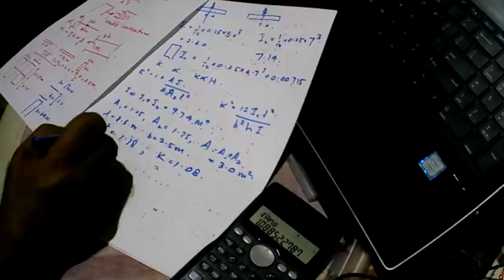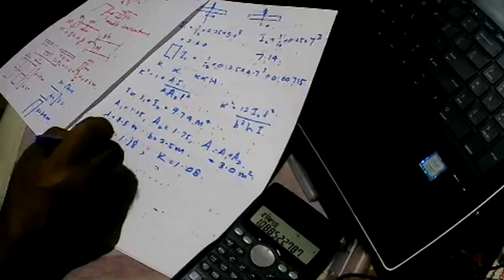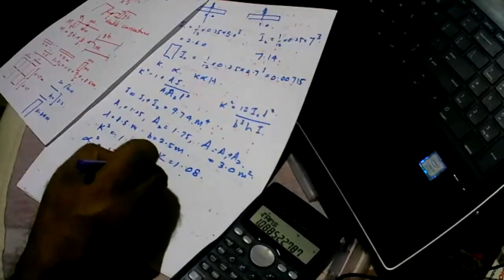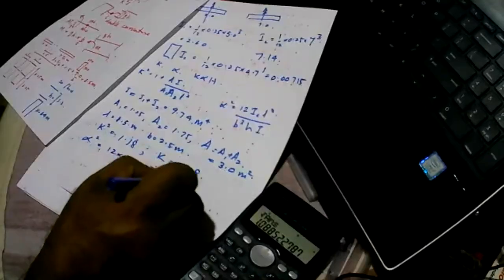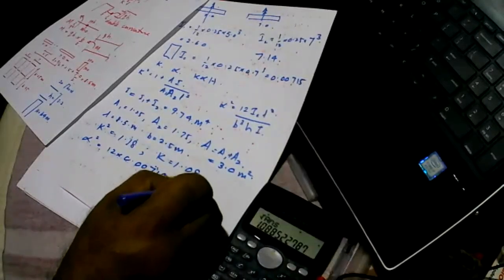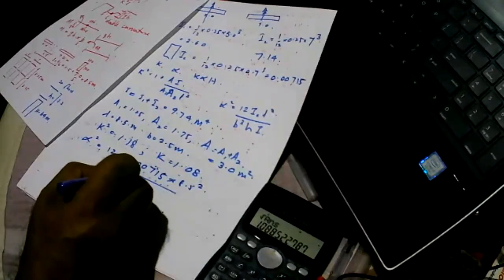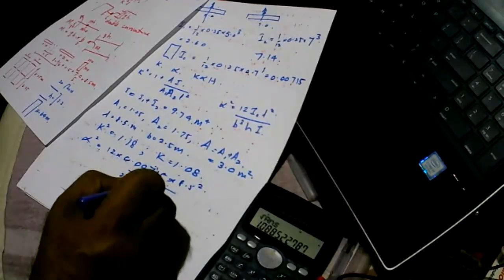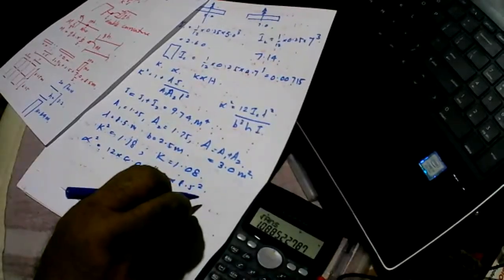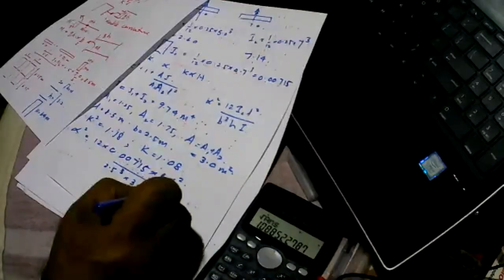Similarly, we can find alpha squared. 12 I C, connecting beam 0.00715, multiplied by L squared, 8.5 squared, divided by 2.5 cubed. Height is 3.2 and I is 9.74.